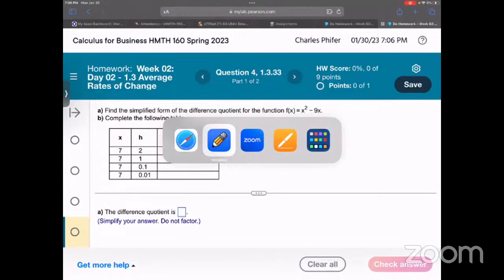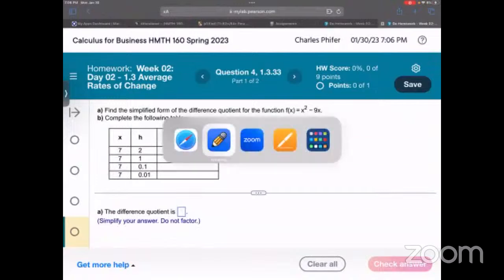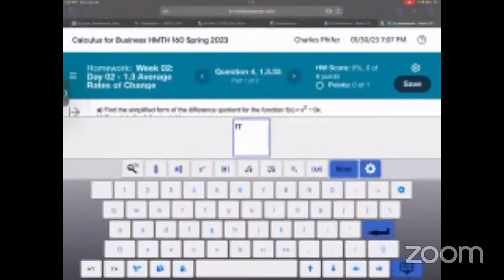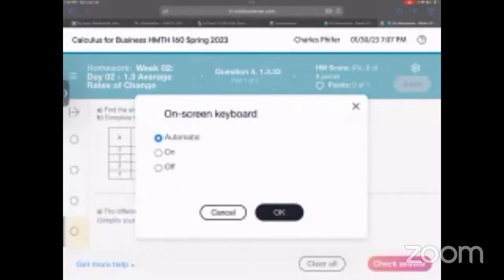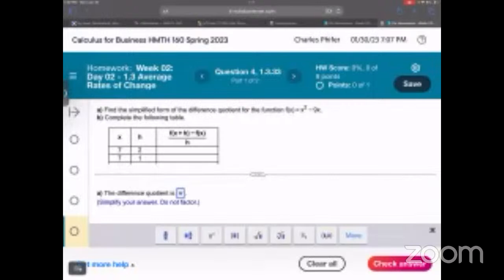Simplify answer. Okay, I'm going to go with settings. Turn that off. Okay. What do we say? 2x plus h minus 9. We'll fix it if it's not right. Okay, that's fine. Difference quotient.